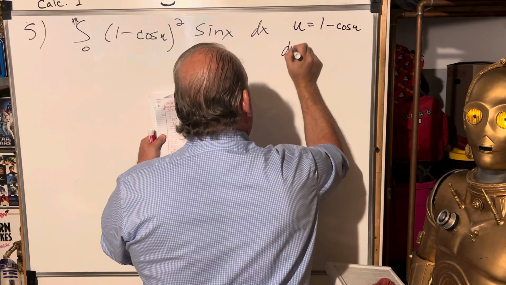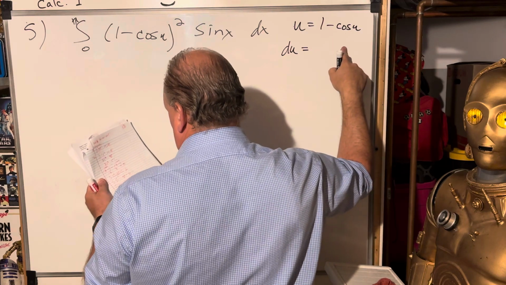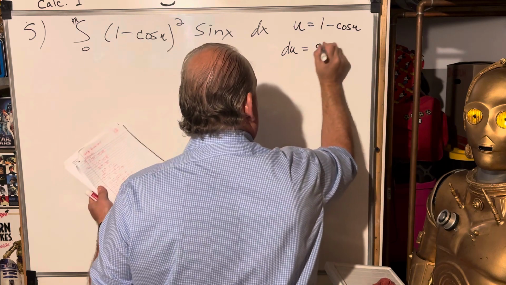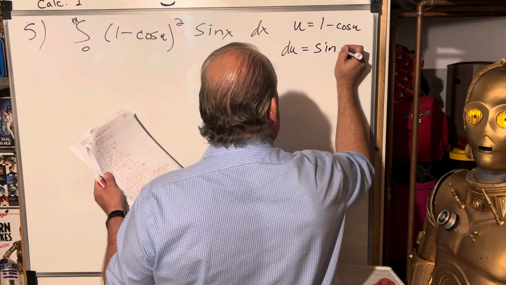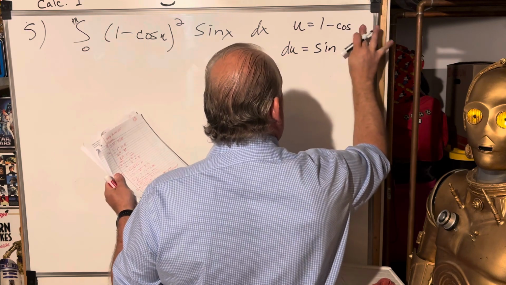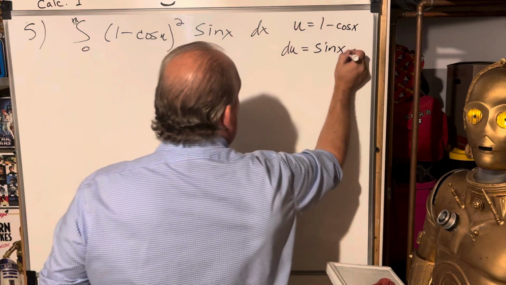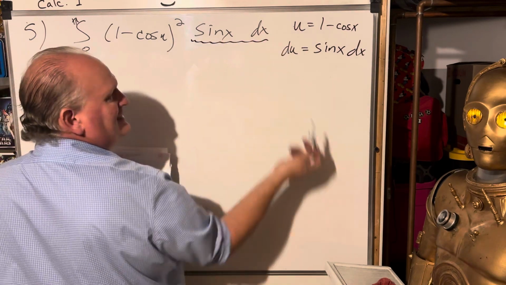And then du is when I do the derivative of negative cosine. That's actually sine. Derivative of 1 is 0. So we got the sine of x. Sine x dx. And now check it out, we got sine x dx right there.